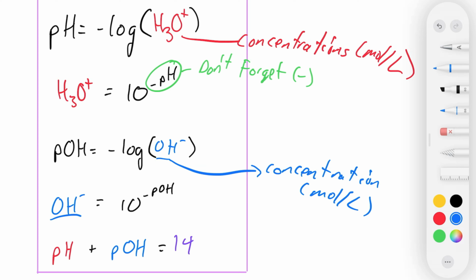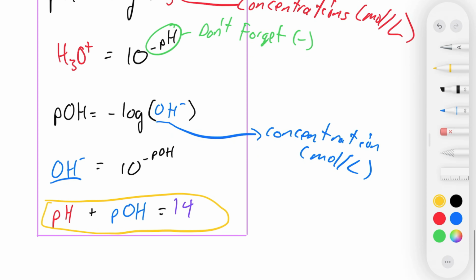And then we have probably one of the most used formulas here, which is pH plus pOH is equal to 14. And now that we're in grade 12, or some of us anyway, they would have done Math 30 by now.